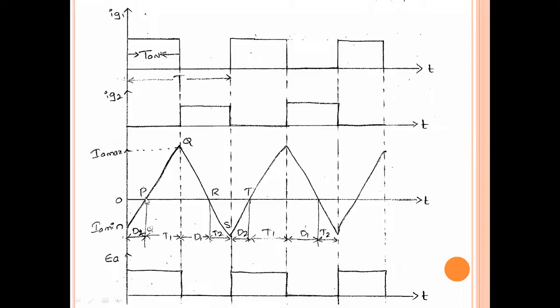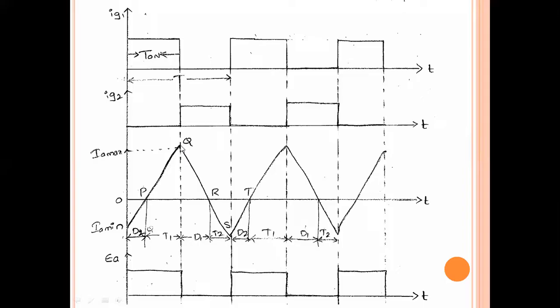At point P, the current is 0, and at this point I am turning on thyristor 1, which is switch 1. That means the current will be positive because switch 1 operates in the first quadrant. So the current increases linearly.